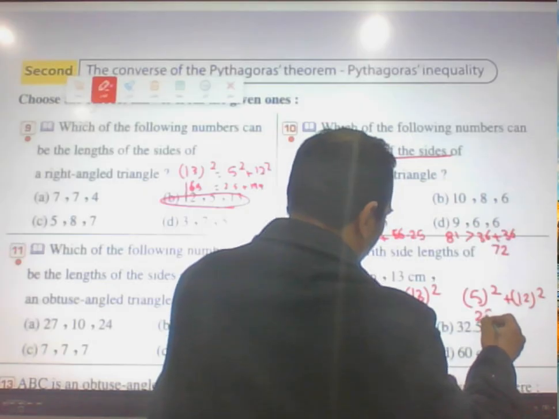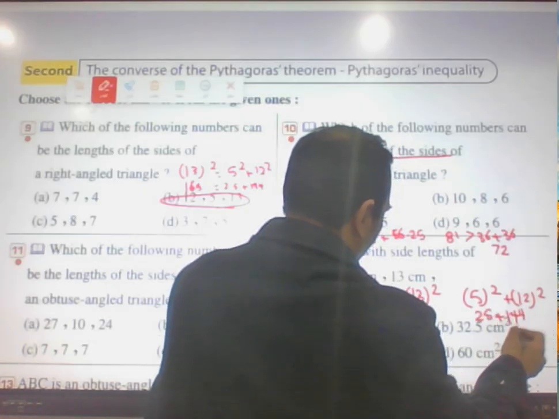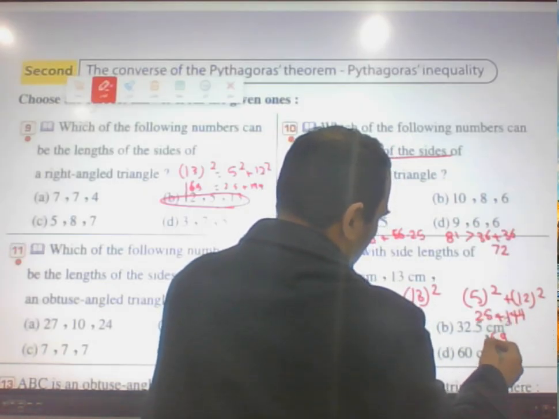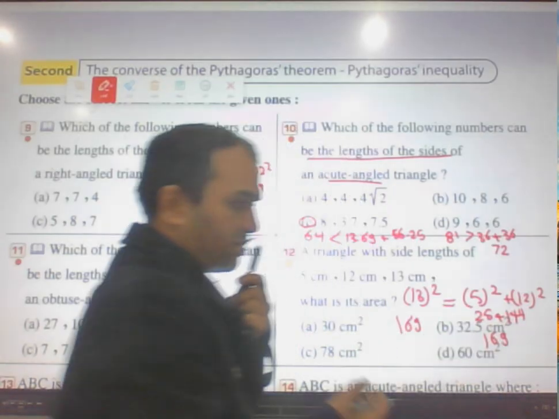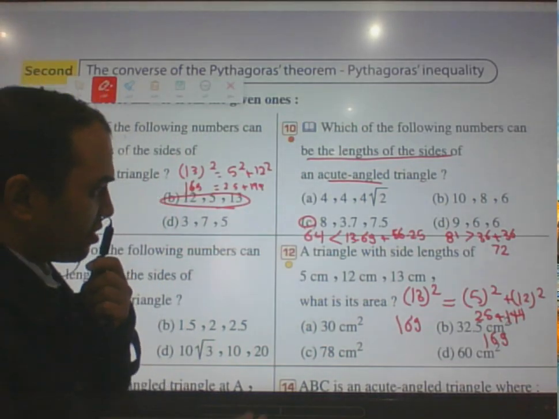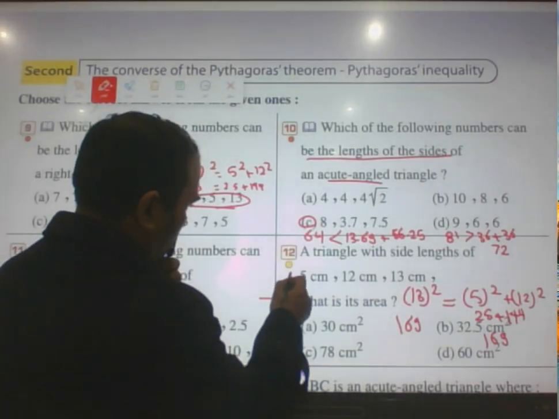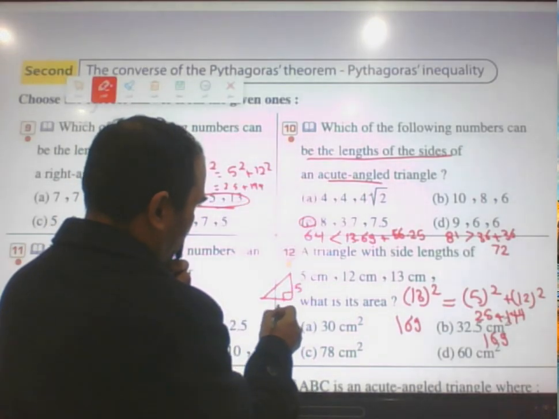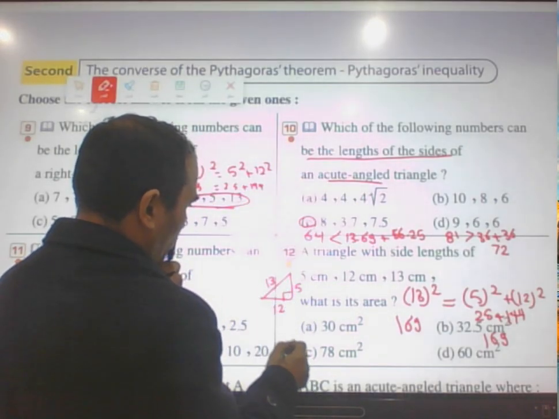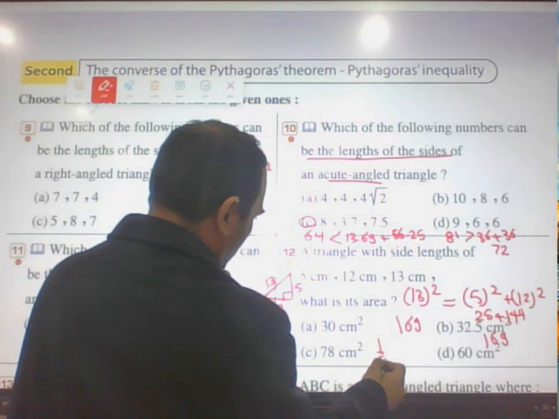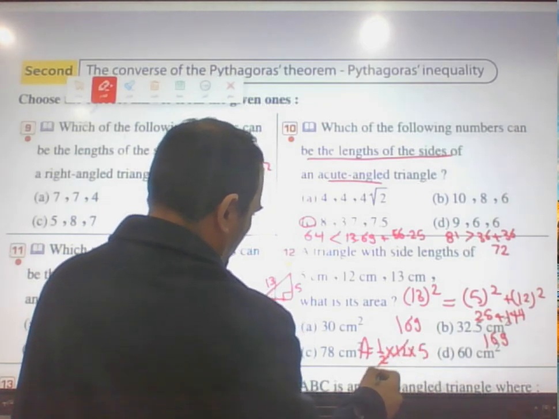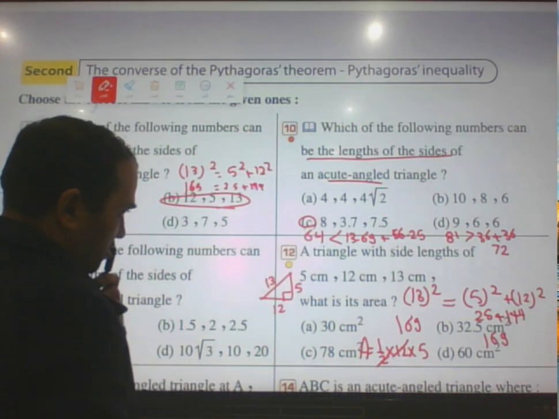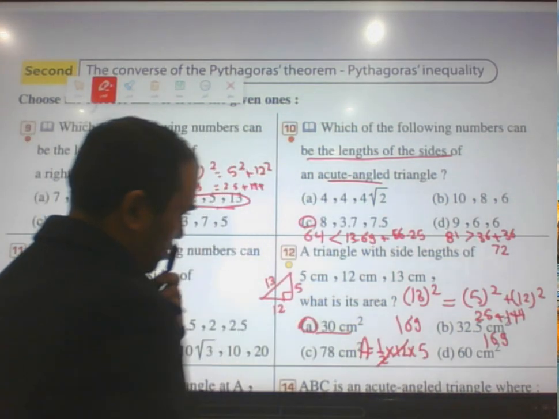It will be here 25 plus 144, 169, and here also 169. Then this triangle will be a right angle triangle. Right angle triangle means the two sides here will be 5 and 12 and the hypotenuse here 13. Then we can find the area: half times the base times the height. The area is half times base 12 and 5. 12 divided by 2 equals 6. 6 times 5 is 30. Then the area will be letter A, 30 square centimeters.